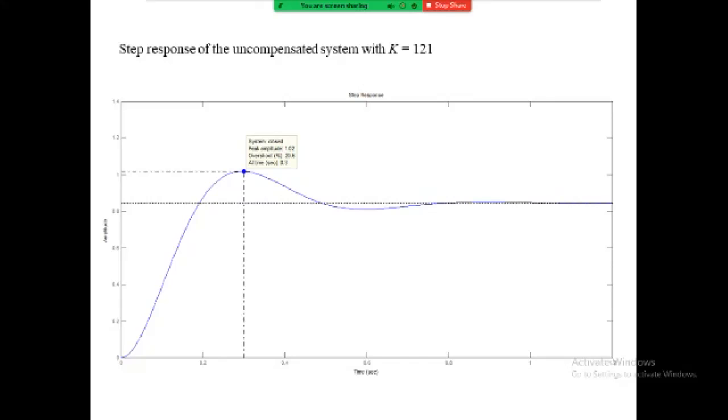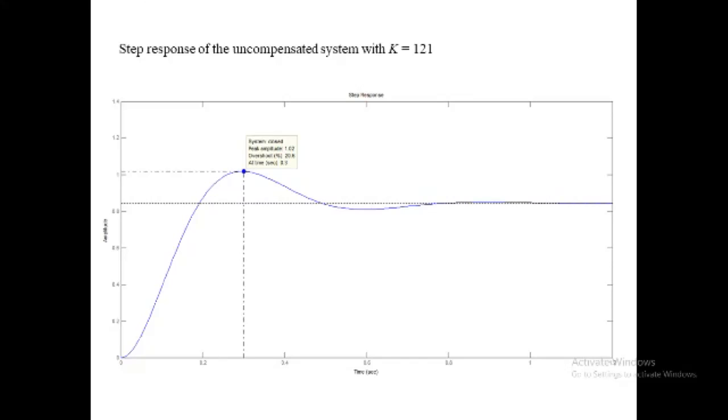So the next step, a PD controller has to be designed to reduce the peak time to two-thirds of that of the uncompensated system, that is 2 by 3 into 0.3 seconds, which equals 0.2 seconds, and its theoretical value is 0.1976 seconds.